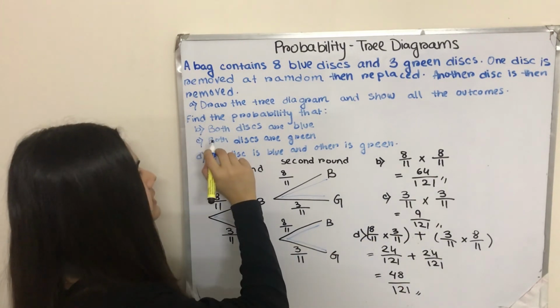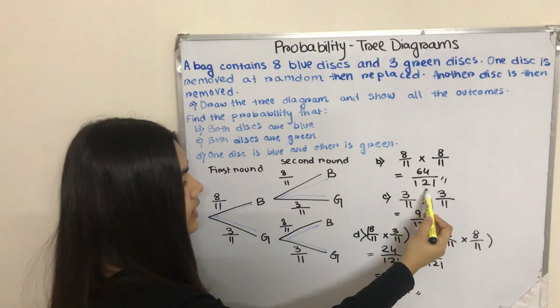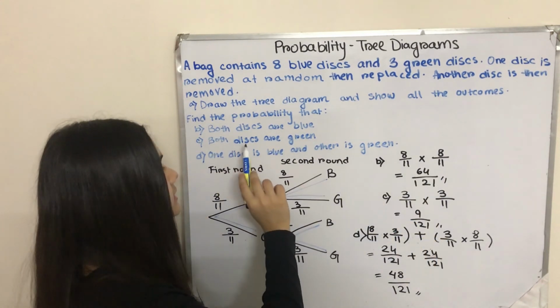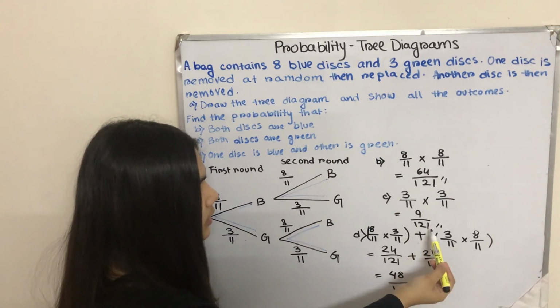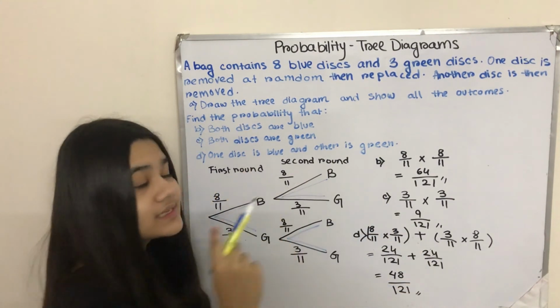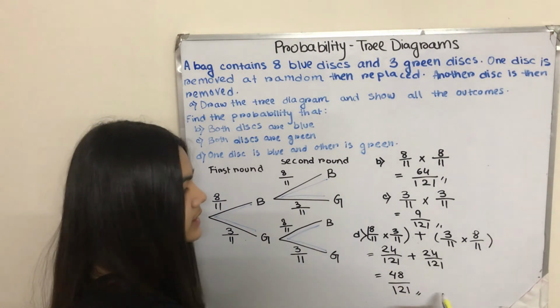So the probability of getting both discs blue is 64 by 121. The probability of getting both discs green is 9 by 121. And the probability that one disc is blue and the other is green is 48 by 121.